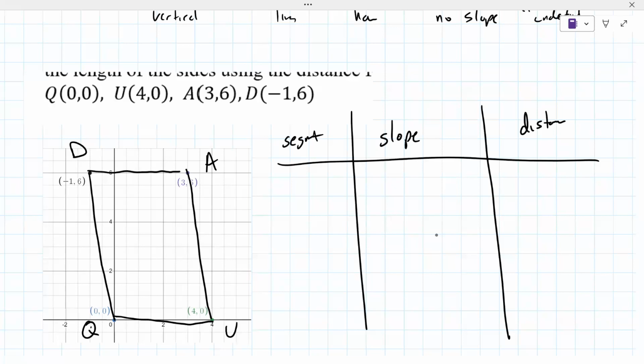Give me the segments left to right. Wait, my bad, I'm connecting something. Okay, Q to D. That is not left to right. D is more left than Q. Let's just start D to A, going left to right.